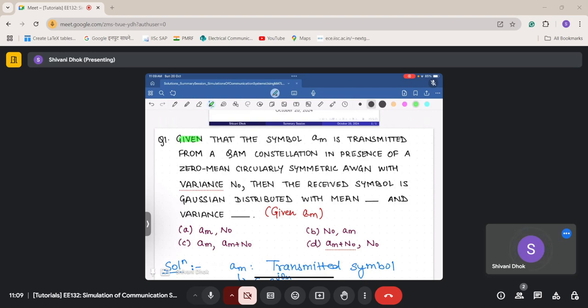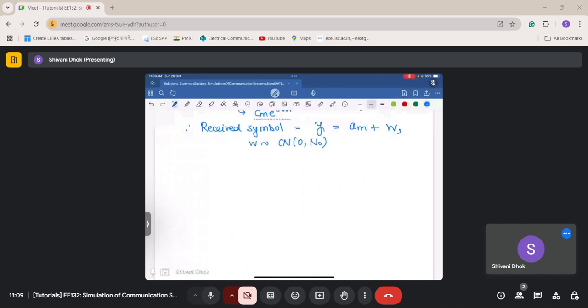Okay. So now you have this particular equation here. You have this YM as AM plus W. Since we are given AM, this particular quantity is given, which means it is constant.